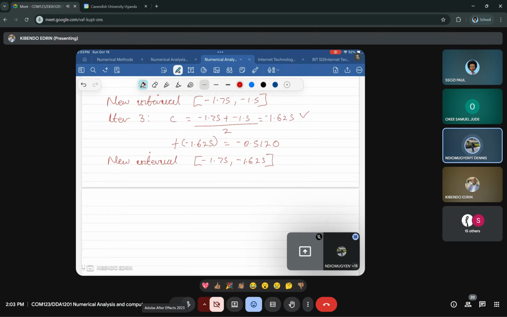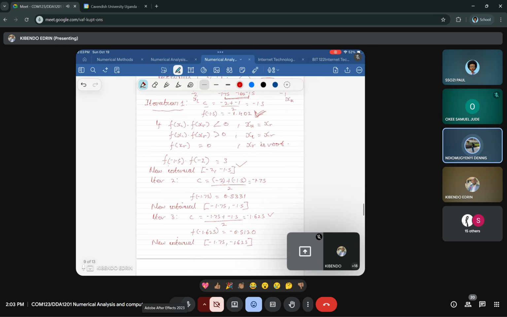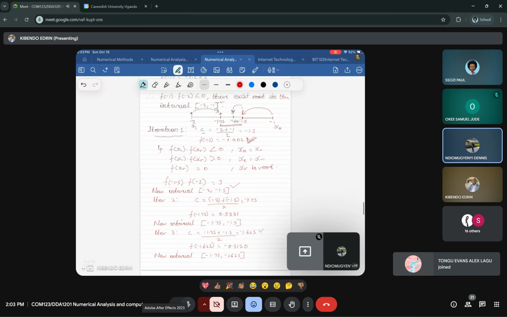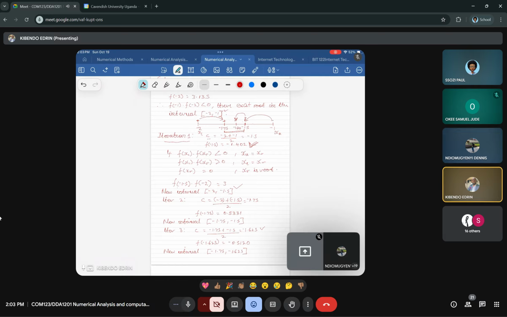There's something I'm bringing before we reach down there. Where is the question that said a fourth iteration? I think it was 0.5, according to me.